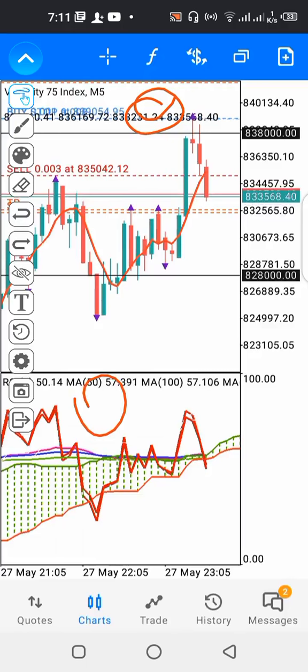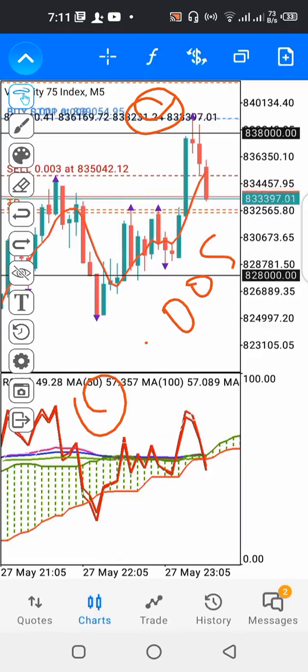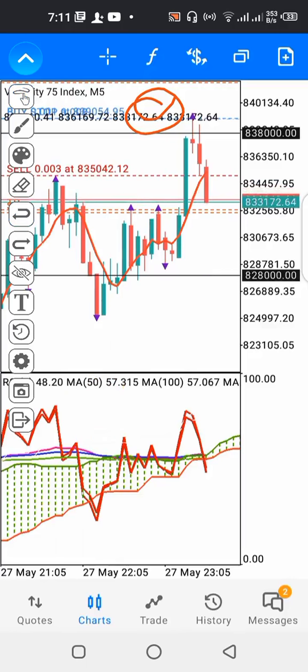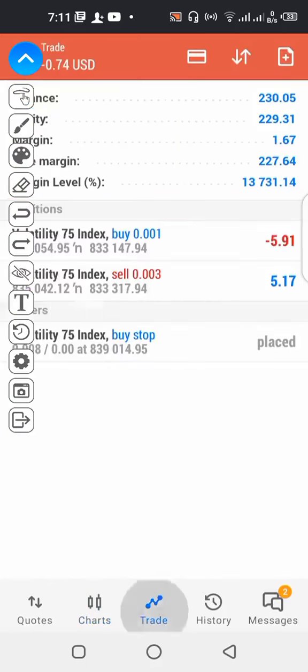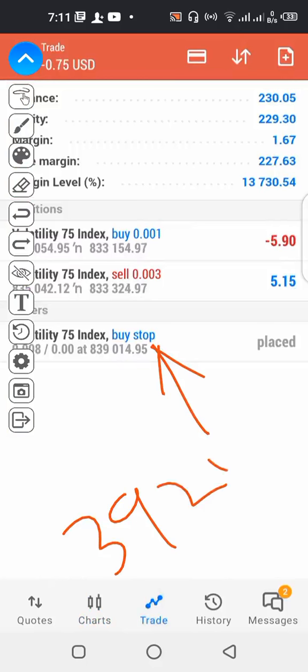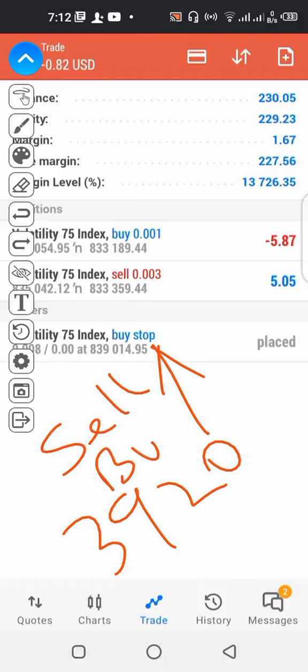The lot size is 0.008, waiting to get triggered if the range continues. This is my buy stop order. The spacing is 3920 points. I'm talking about the spacing between the sell order and the buy order. Edge spacing.